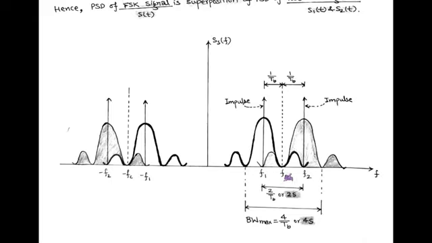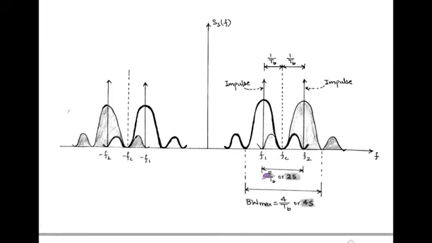Here, in the power spectral density of FSK, there is a problem of infinite bandwidth. But when we use an ideal bandpass filter centered at the carrier frequency, we can determine the transmission bandwidth. For this, we consider the main lobe having a width of 2 upon Tb, which is similar to ASK.